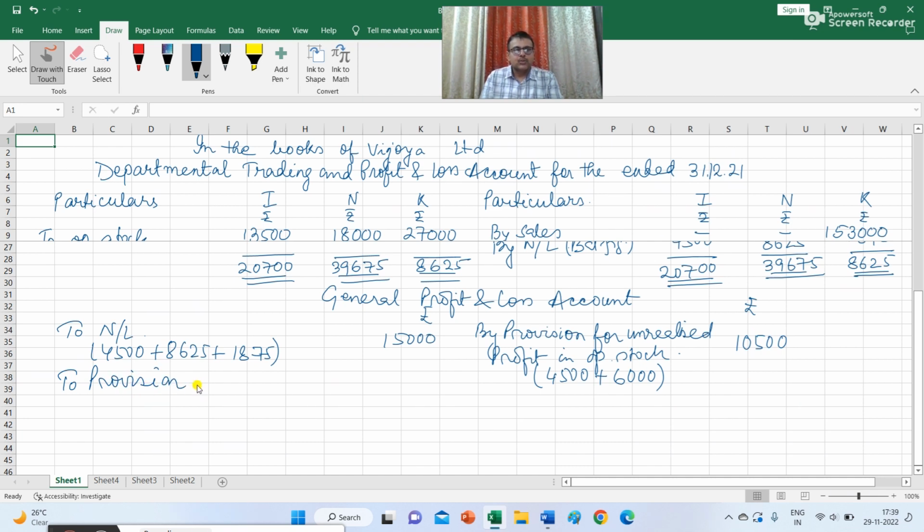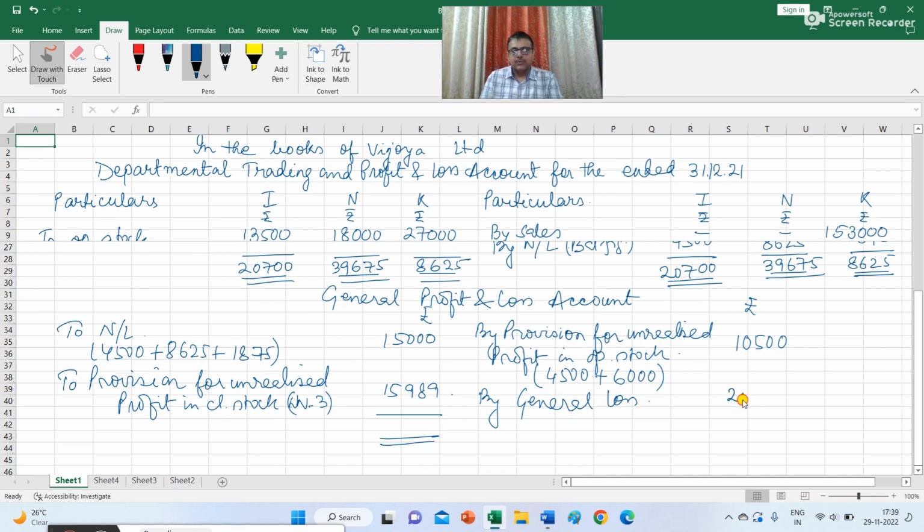So I am writing provision for unrealized profit in closing stock. This is 15,989, from working note number 3. So the general loss, as I am writing here, is 20,489.